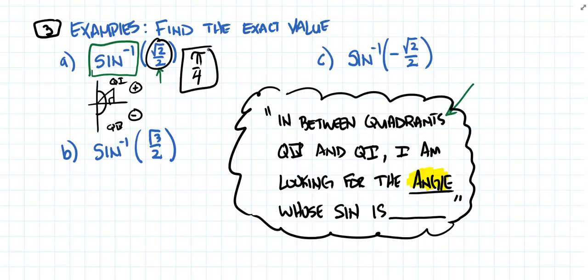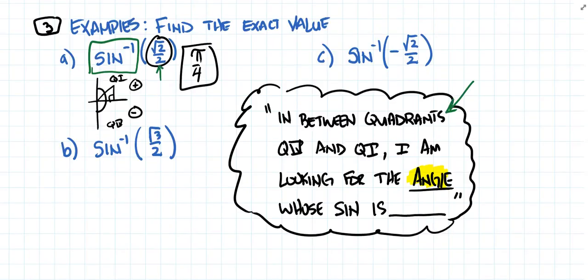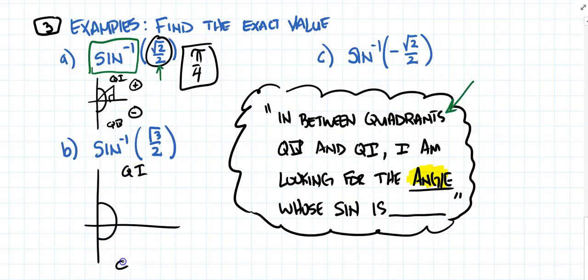So let's try part B. Part B says the angle whose sine is rad 3 over 2. So what we want to ask ourselves is, in between quadrants 4 and 1, I am looking for the angle whose sine is worth rad 3 over 2. So I'm looking for this coordinate, rad 3 over 2.